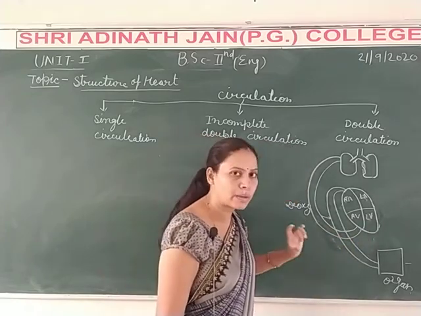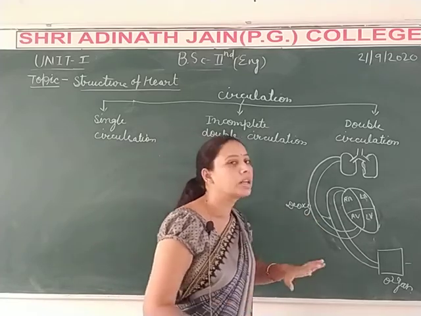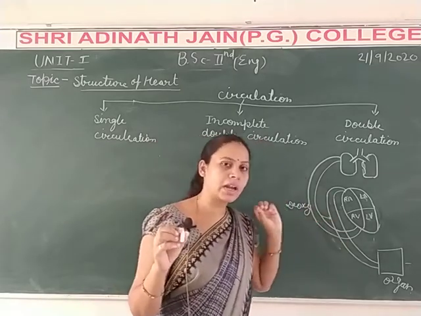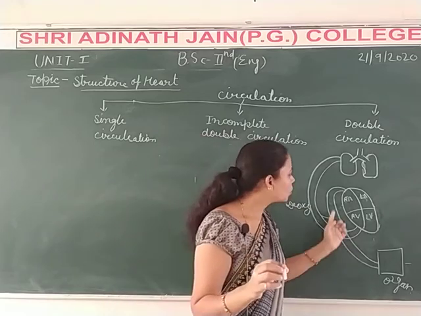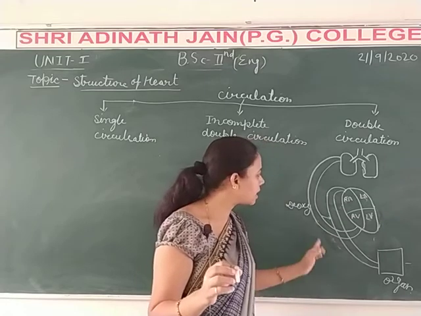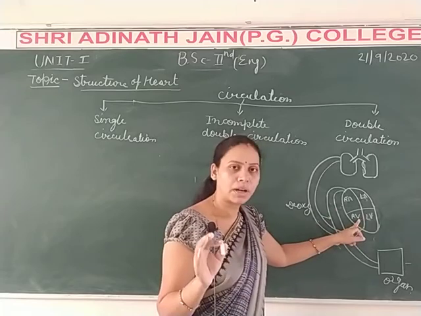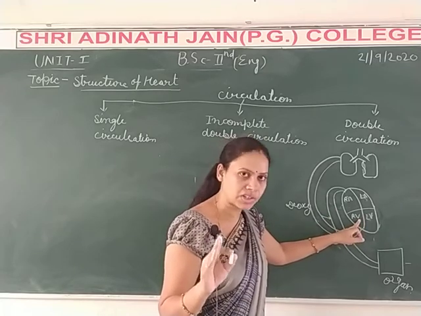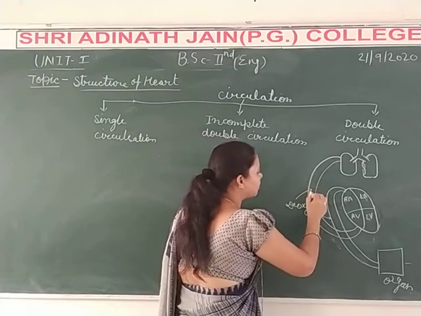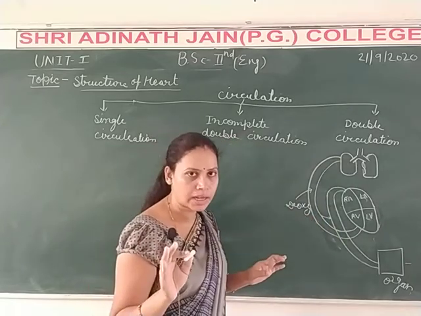In those animals having double circulation, first of all the deoxygenated blood from all the organs and tissues is carried to the heart. This deoxygenated blood firstly enters the auricle. From the auricle, this blood is transferred into the ventricle, and from the ventricle this deoxygenated blood goes into the lungs area.